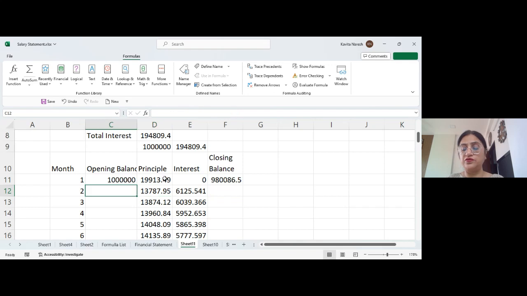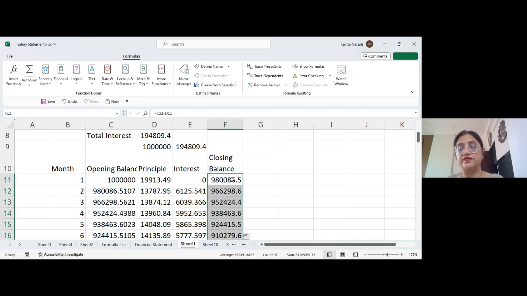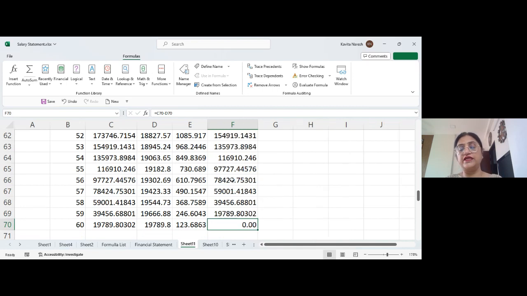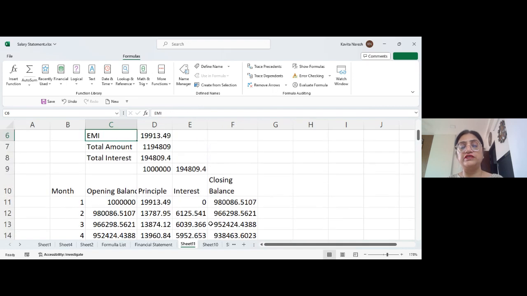Okay. Now is equal to this. Just double click it. You will get 0 at the end of the life. Like after completing the 60 months, you will get 0. See, before that it was in scientific format, but you should set it in number format. Okay. Now see, you completed the loan amortization chart.